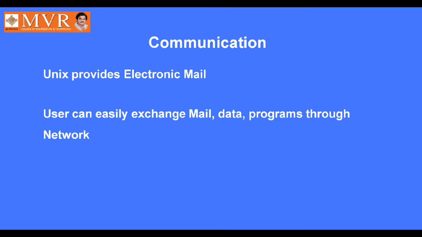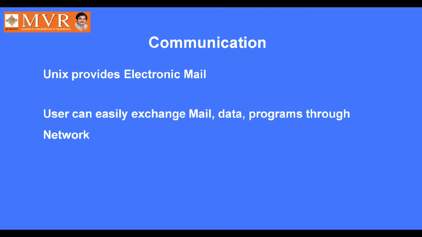That means the communication may be within the network of a single main computer or between two or more such computer networks. The mail can be sent. The mail may contain information about your files, your images, or any sort of things you can send within a network. If you assume that our CP lab is a network where you all are working with 60 computers, among you 60 people you can send mails from one person to another.